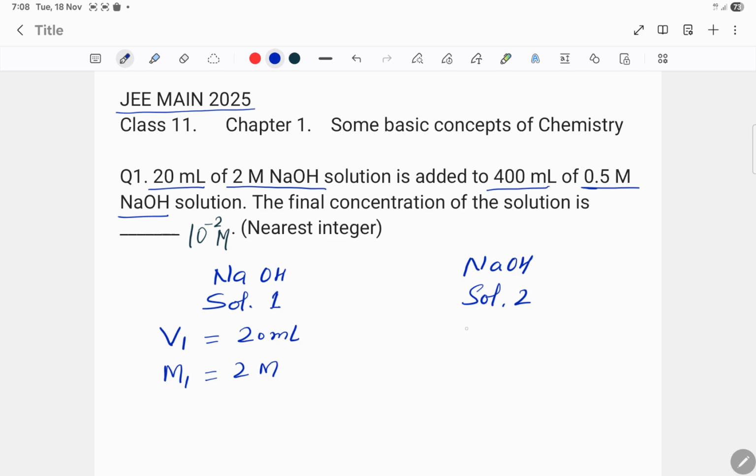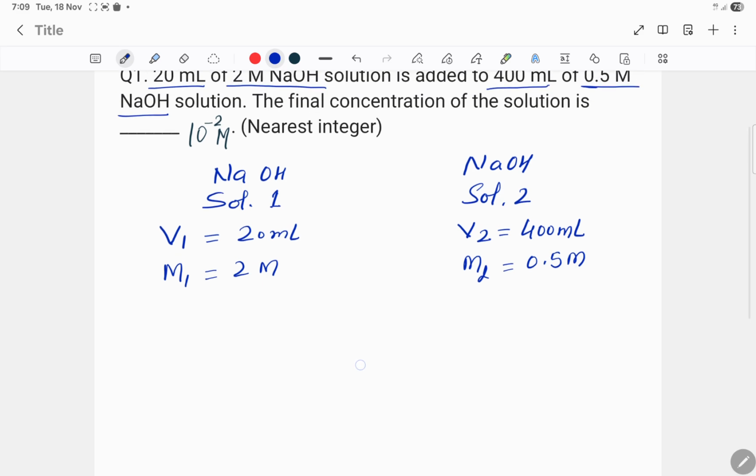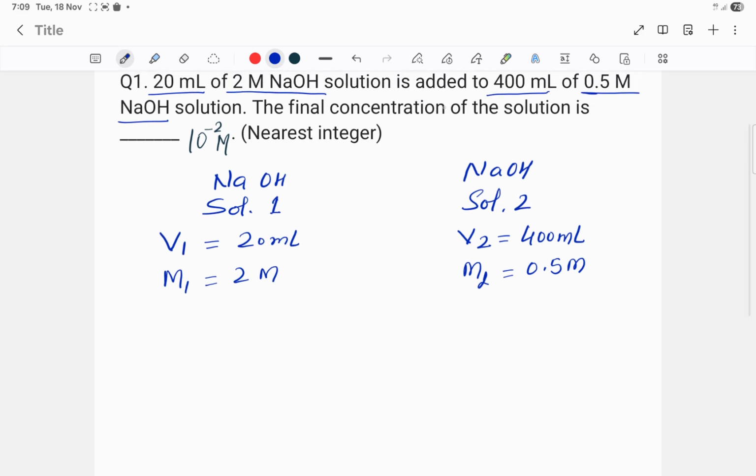The second sodium hydroxide solution has volume V2, 400 milliliter, and its molarity is M2, 0.5 molar. Both are sodium hydroxide solutions. So what we have done is we have mixed them, because we have added 20 milliliter of 2 molar sodium hydroxide solution to 400 milliliter of 0.5 molar sodium hydroxide solution.